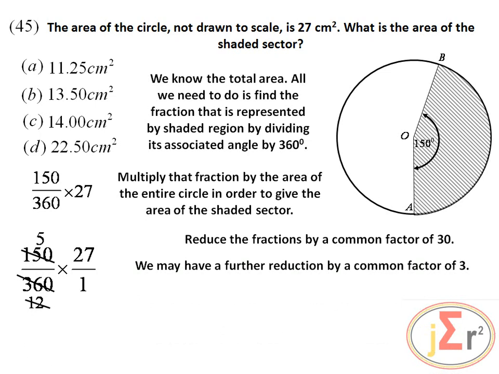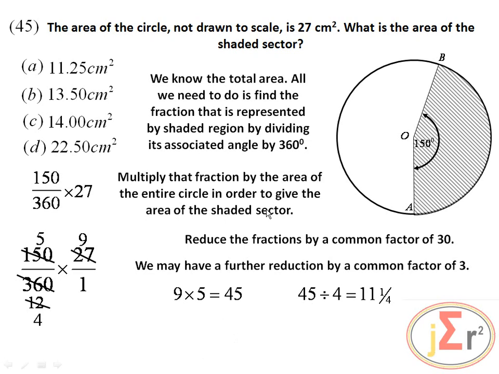So 3 into 12 is 4 and 3 into 27 is 9. So we have 5 nines, 45, to be divided by 4. So 9 multiplied by 5 is equal to 45, and 45 divided by 4 is 11 1/4.